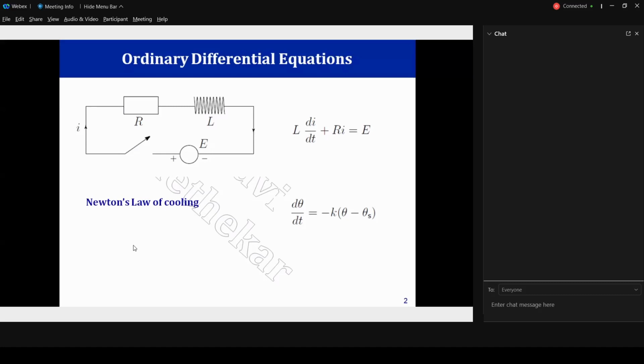let's assume that you have a very long rod and you are heating that rod at one end. As you heat the rod at one end, heat is going to transfer from the hotter end to the cooler end.